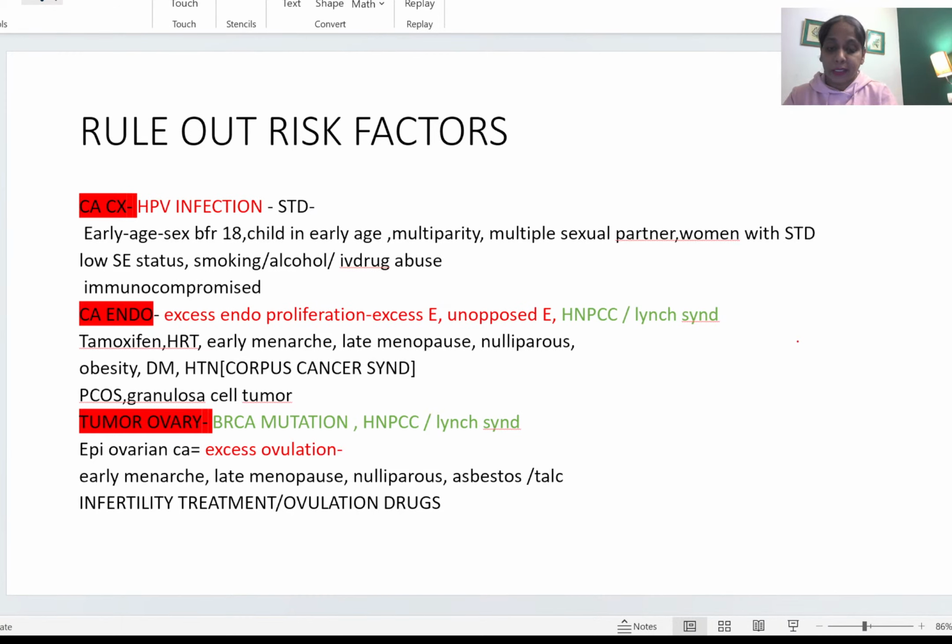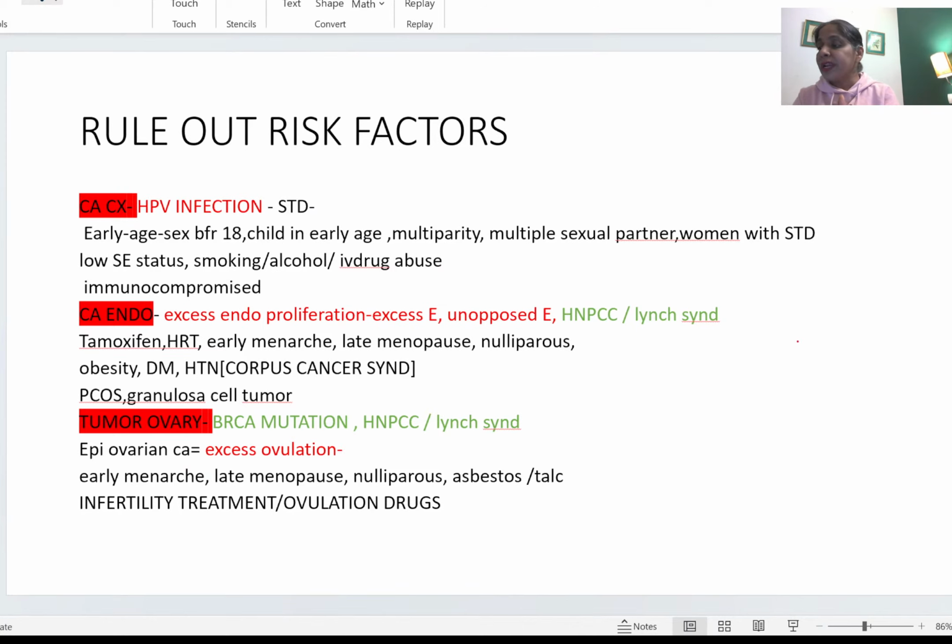Multiple sexual partners: the more partners the female changes, the more chances of HPV transmission. It is possible that the female will not get HPV from one male partner, but can get it from another.